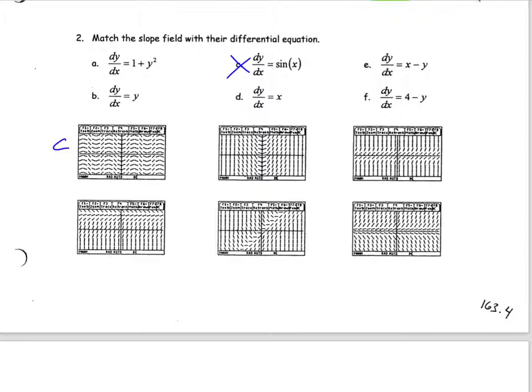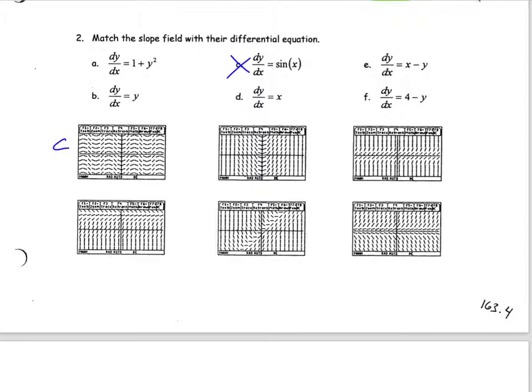I thought it was. What do we use the differential equation for to get the slope field? How do we use it? What we plug in, and what do we get? We get slopes. So those are the slopes of what? The slope at that point of what?